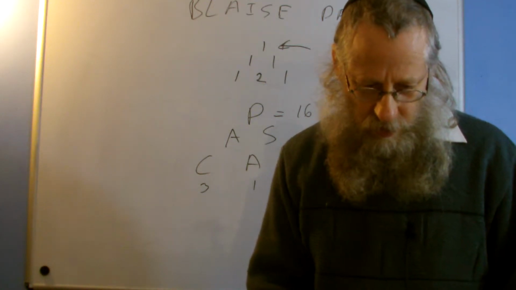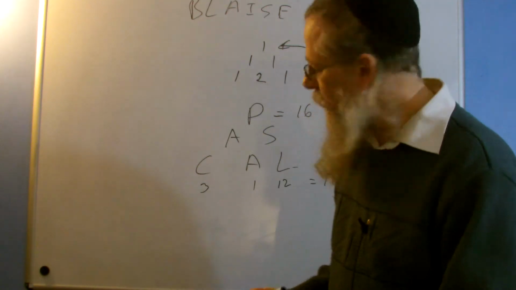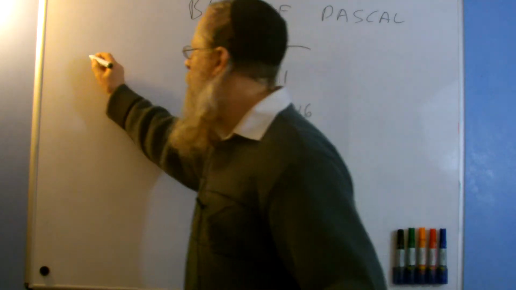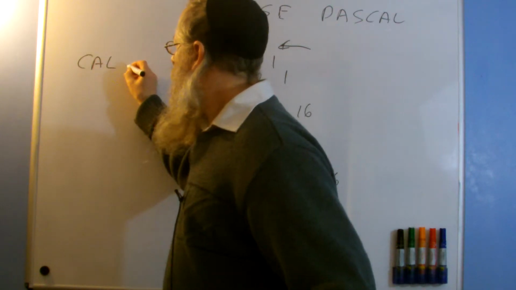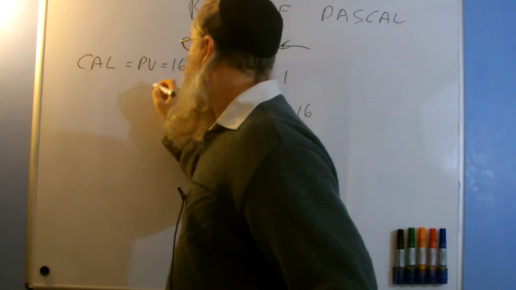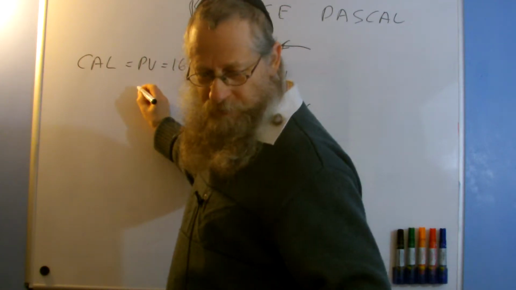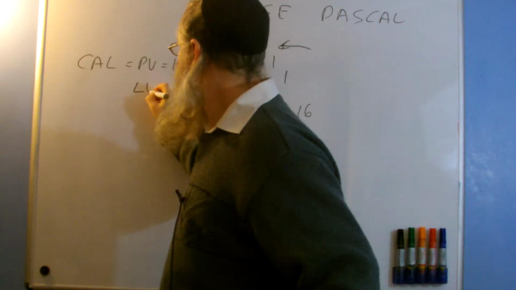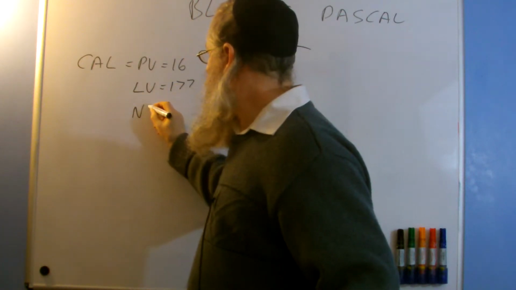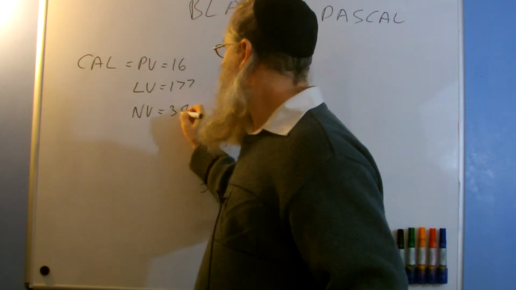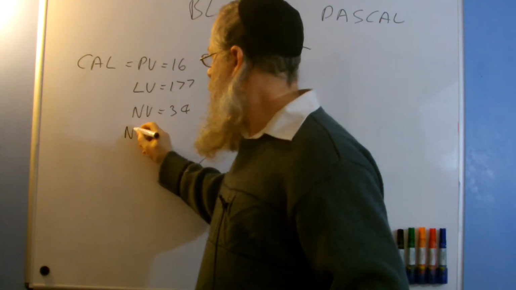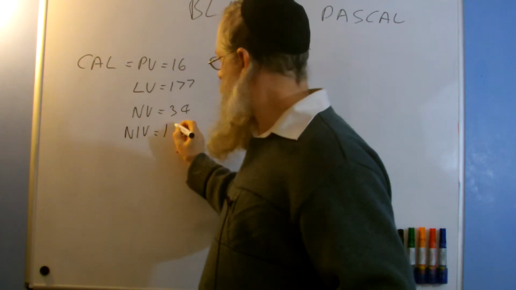So if I was to use now the other values of Cal, I'm going to write it over here, Cal. And we know that the placement value is 16. We've got the large value is 177. The normal value is 34. That's 30 plus 1 and 3. And the normal inner value is 190.